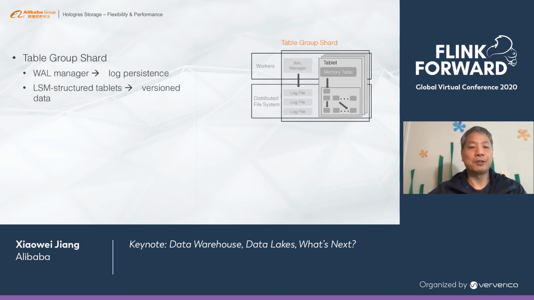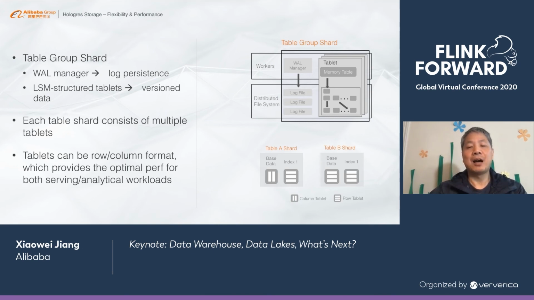Because we provide real-time storage, we also employ a write-ahead logging mechanism for any insert, update, delete to our system. Whenever we do that, we first will log a record, and a WAL manager is responsible for persisting this log record. The actual data will be stored in LSM structured tablets.